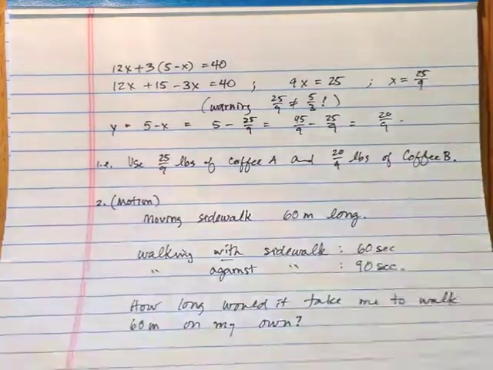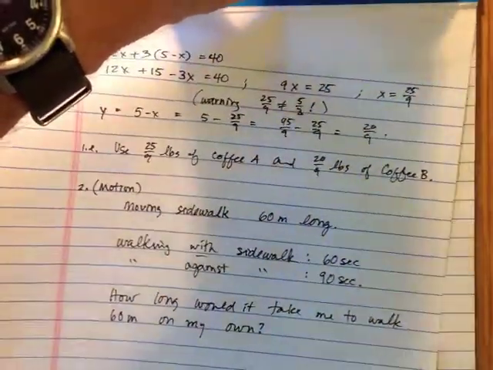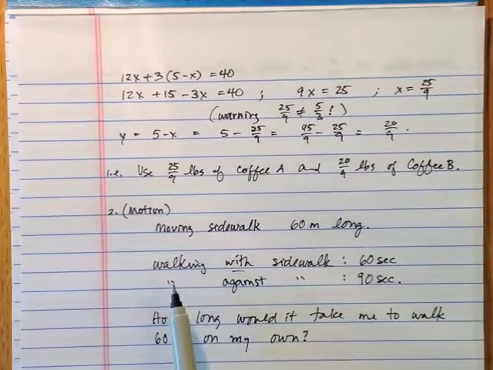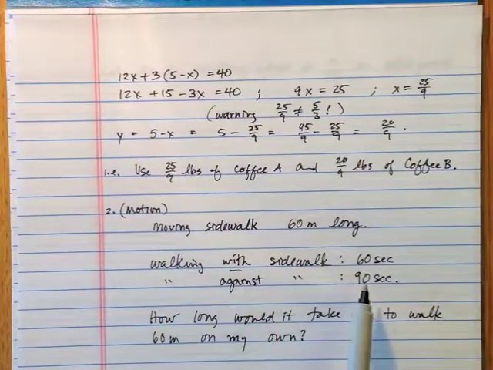So let's see. I'm going to let x stand for my walking speed on solid ground. And speed is measured in meters per second. And think about how fast am I actually going when I'm on the sidewalk. That depends on how fast the sidewalk is moving. It didn't tell me how fast I would move along the sidewalk if I just stood still.